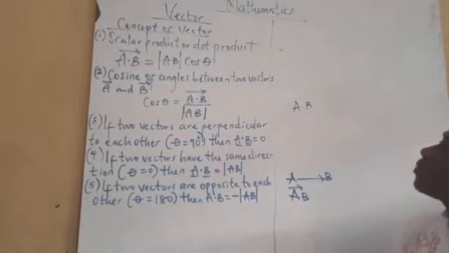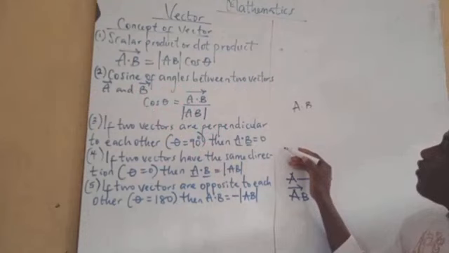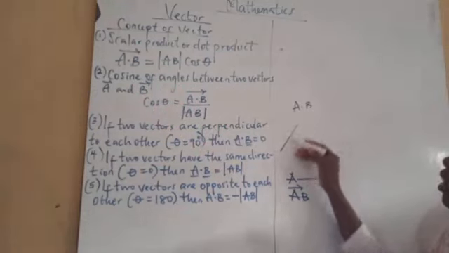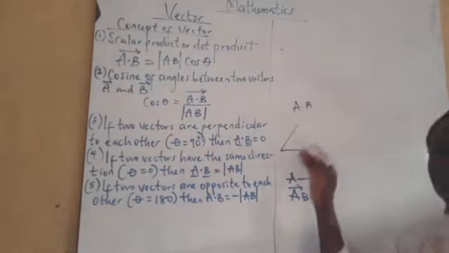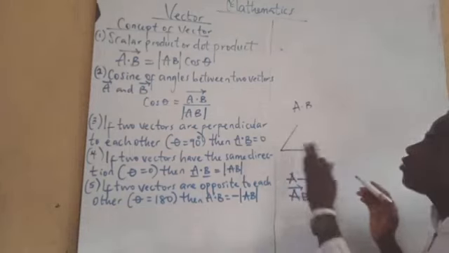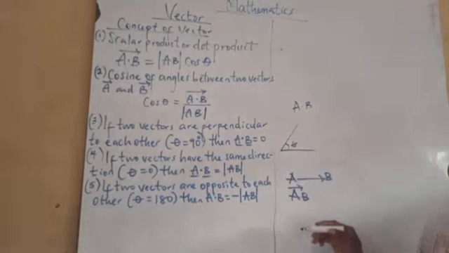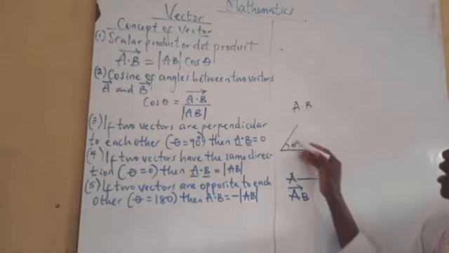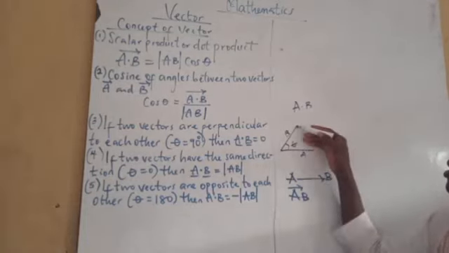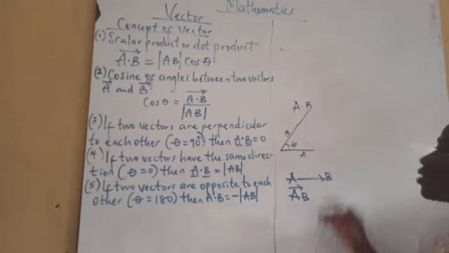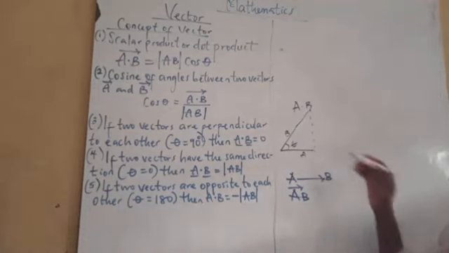Now, talking about the cosine of angles between two vectors. Let's say we have a vector A and a vector B. It forms an acute angle, that is, an angle less than 90 degrees. So this angle here will be theta. Let's say this is our vector A and this is our vector B. If I were to make it a triangle, it will be in this form.